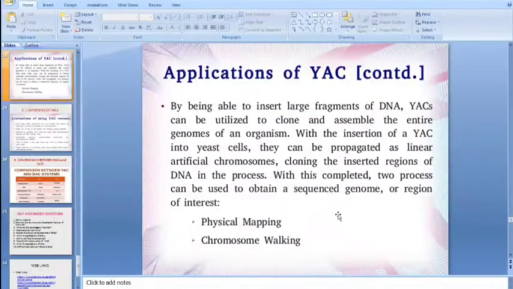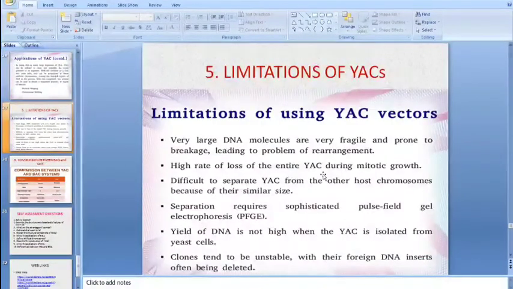And these YAC vectors are also useful for physical mapping and chromosomal walking. This is another type of mapping of chromosomes, used in the Human Genome Project, or HGP. There are certain limitations regarding YACs, of course. Even though they are very large, they are very fragile and prone to breakage, leading to the problem of rearrangement.